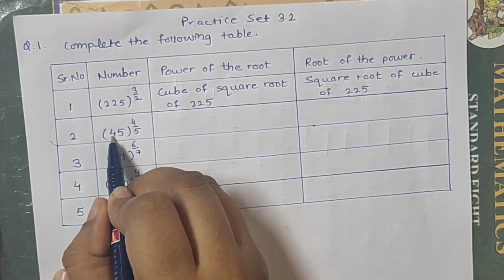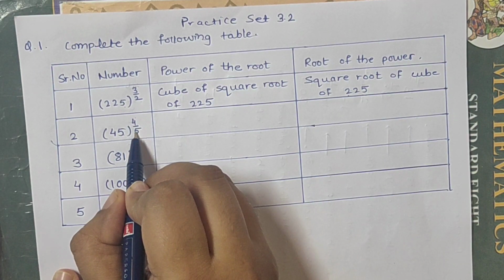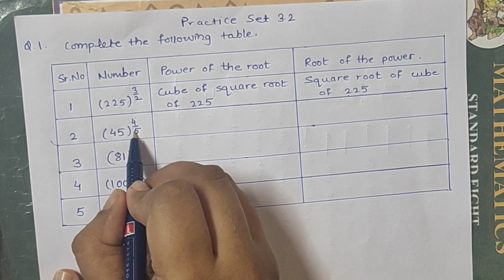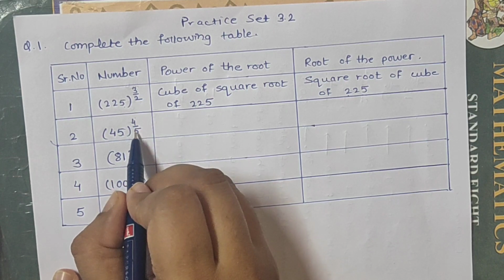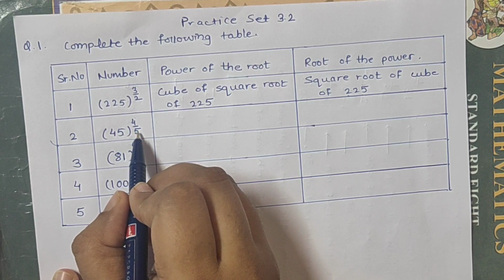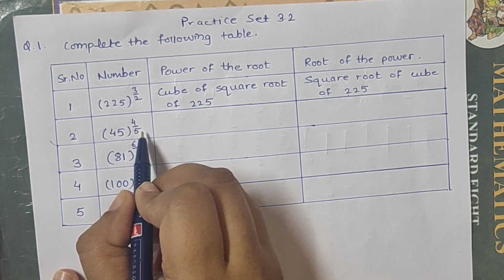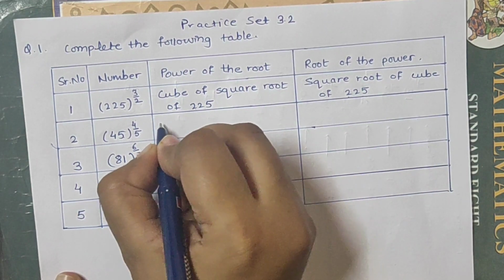Next is 45 raised to power 4 upon 5. 4 upon 5 means 4 into 1 upon 5. So power of the root form is fourth power of fifth root of 45.